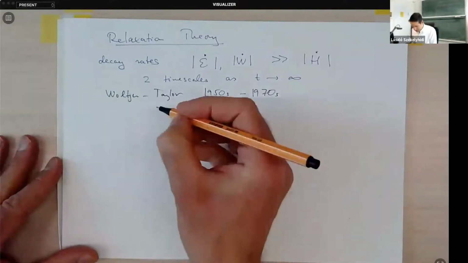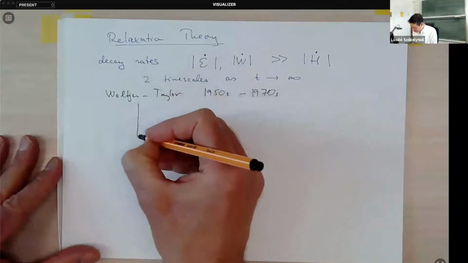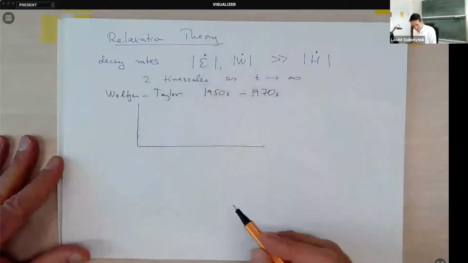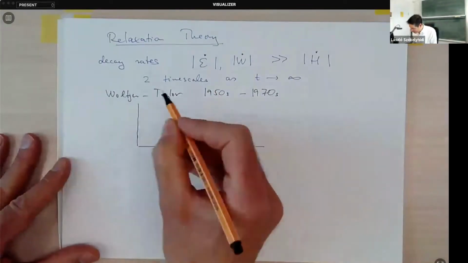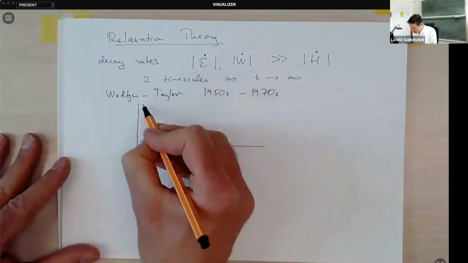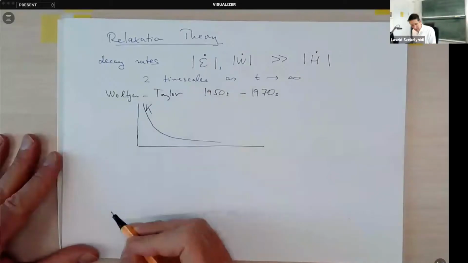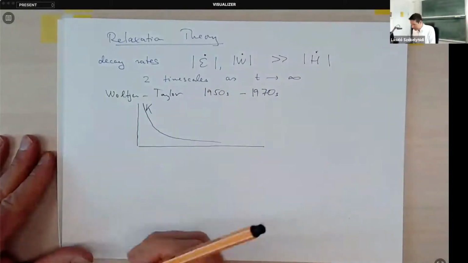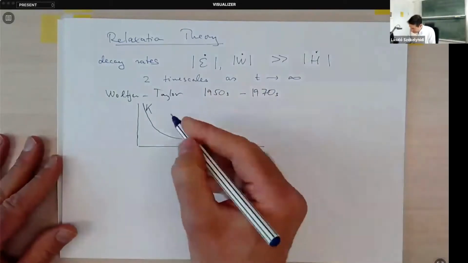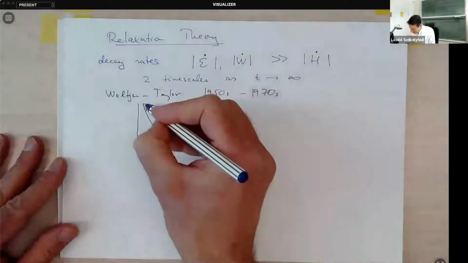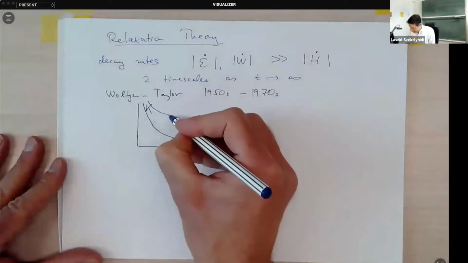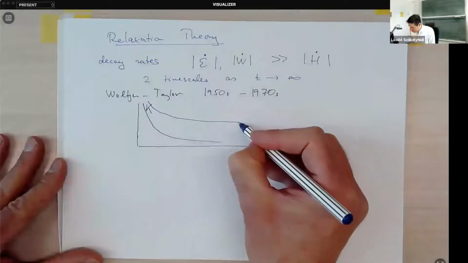The type of picture one observes is that, say, the kinetic energy, which is part of the total energy, would decay at a certain rate. This is just a cartoon picture of k, but at the same time, the helicity would decay at a slower rate, and of course, it will not really go to zero.